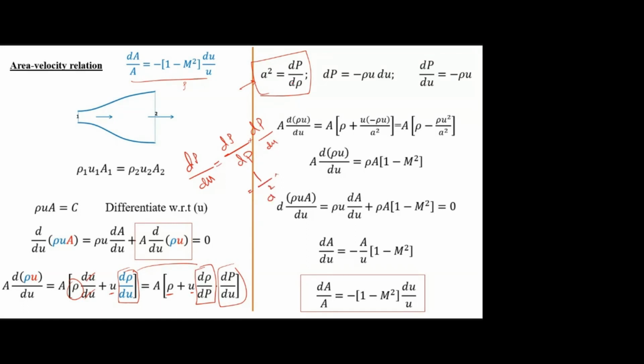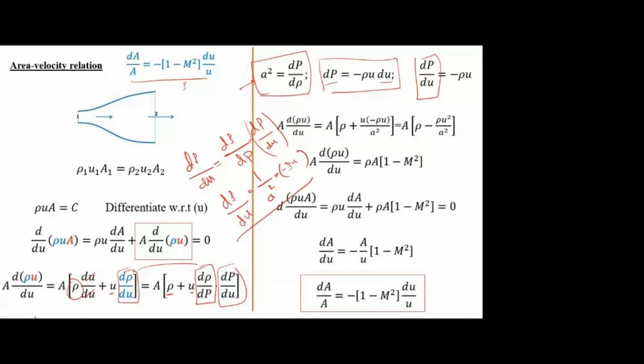Then for this dp by du I can use the Euler equation, dp is equal to minus rho u du. So if you rearrange, I will get dp by du is minus rho u. So instead of that I can substitute minus rho u. So instead of this d rho by du I can substitute minus rho u by a square. Is that clear? Yes, sir.